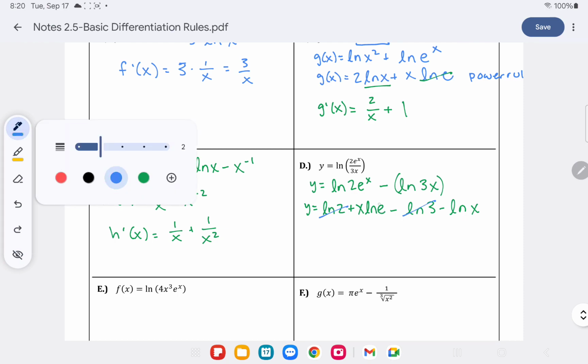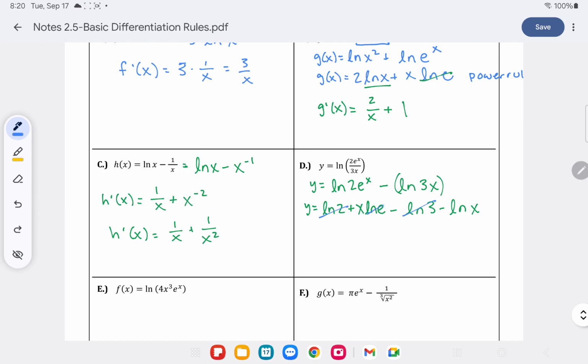And ln of e is just 1. So really I just have x there. And so now when I take the derivative, I'm taking the derivative of just x, which is 1. And then this is 0, this is 0. And then I'm taking the derivative of ln of x, which is 1 over x. That was one of our rules. So that's our final answer.